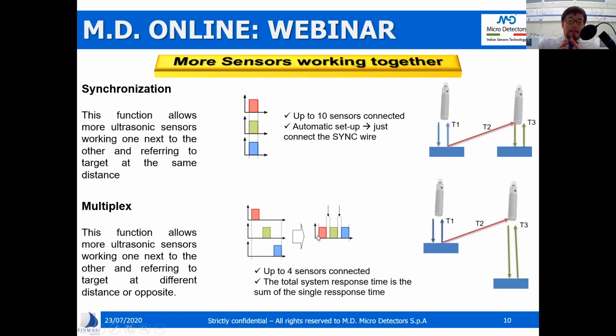But in this case, since the emission and reception are split into different time lapses, as you can observe here in the picture, the total system response time is, let's say, increased. It's the reason why there is this maximum of 4 sensors, because of course we have to solve practical issues when having more sensors working together, but we also have to grant a high responsiveness of the sensor itself.